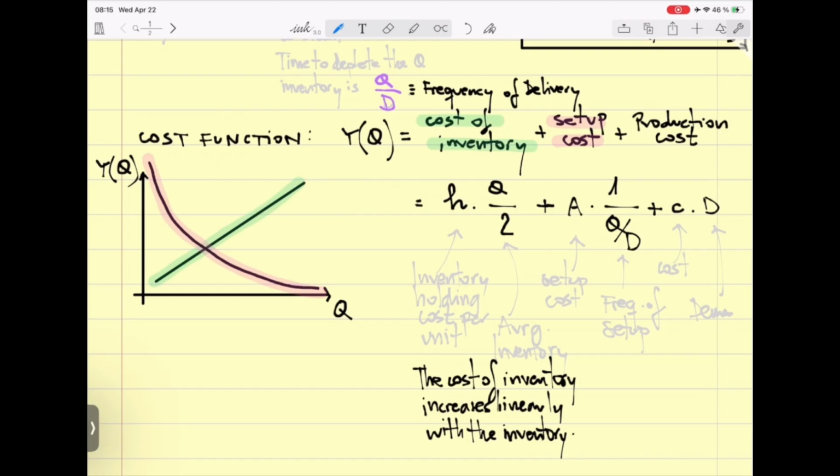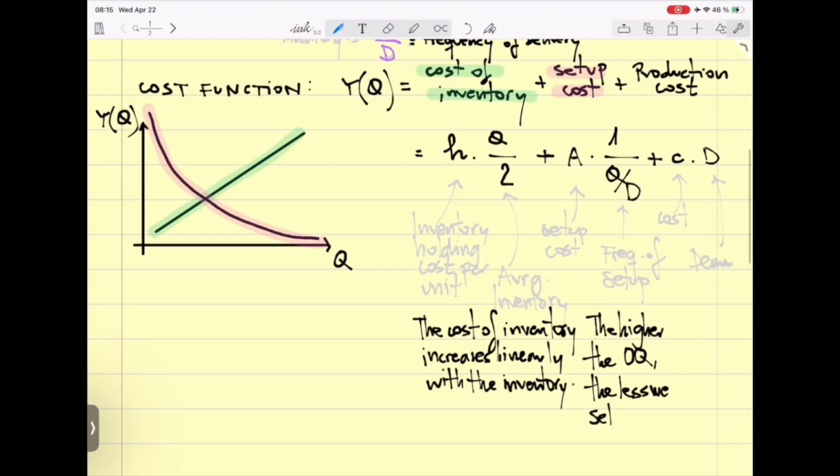Meaning that the higher the order quantity Q, the less we change over the machine. The higher the order quantity Q, the less we set up the machine, so we have less setup cost.